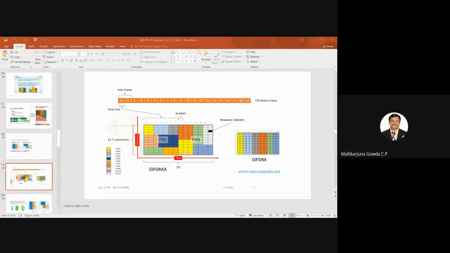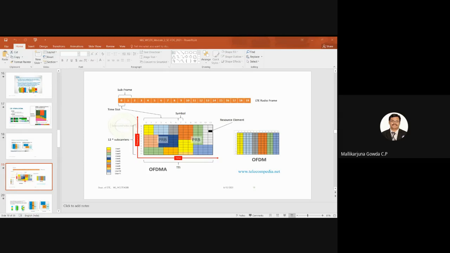So total, what I wanted to convey here is one frame. In case of LTE, one frame will have 10 subframes. One subframe will have 2 time slots. That is why it is shown here, one subframe is equal to 2 time slots, that is 0, 1.